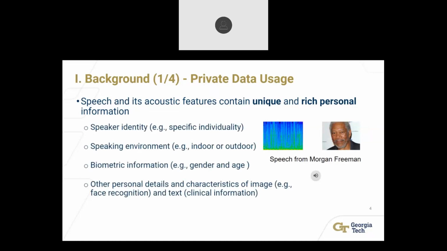So, for example, with speech, when we talk to Siri, not just the sentence we want Siri to know, Siri also gathers information like the speaker identity, who you are, and where you are speaking, indoor or outdoor, in the living room or the bathroom, and also gender and age information.